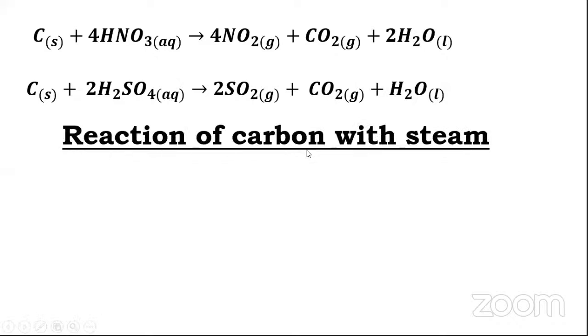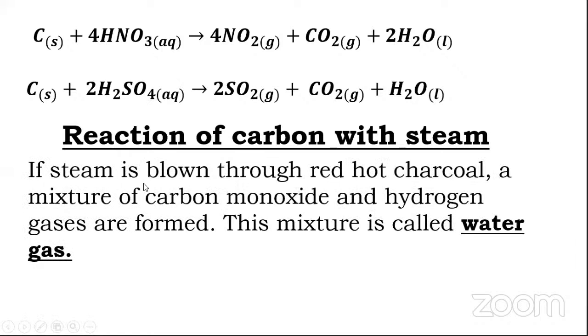Let's look at a reaction of carbon with steam. With the steam, there we mean gaseous water. That is when water is in a gaseous form. So if steam is blown through red hot charcoal, that is the same as when it is blown through hot carbon, a mixture of carbon monoxide and hydrogen gases are formed, and we call this mixture water gas.